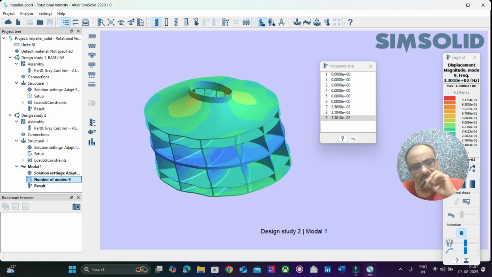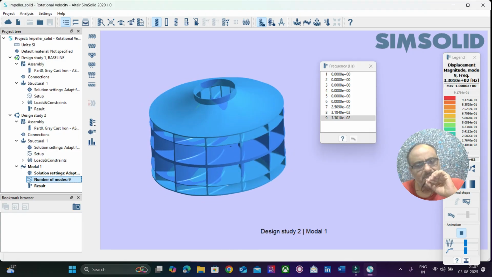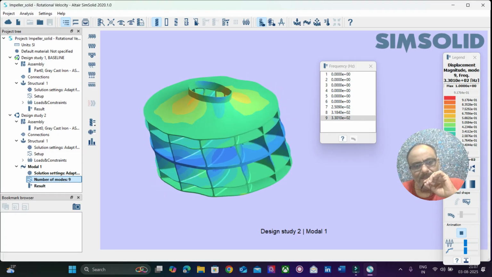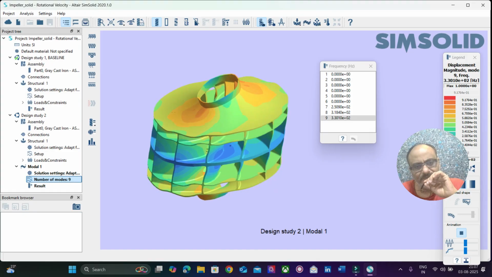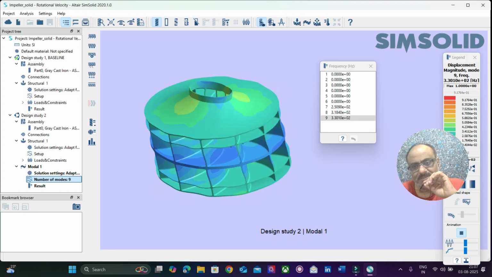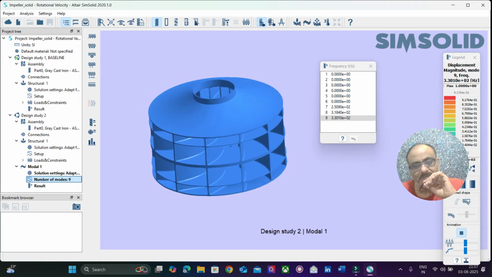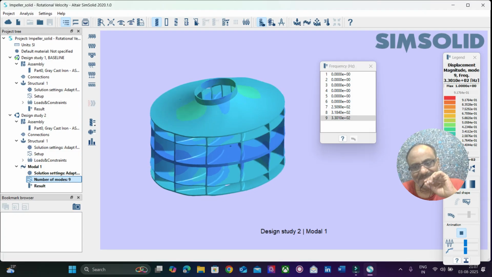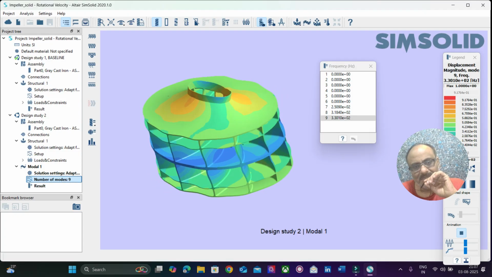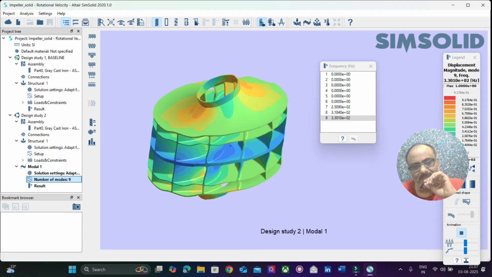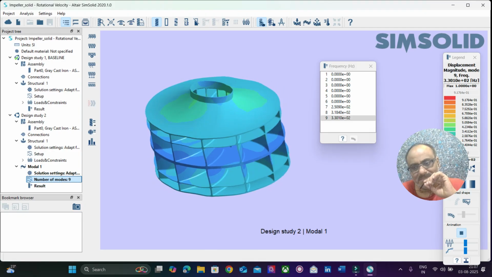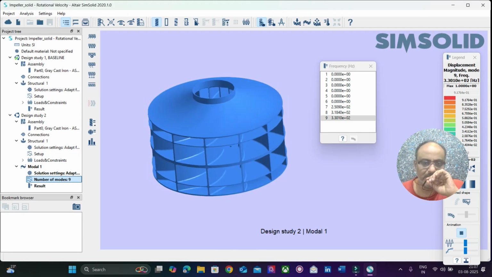So these structures can possibly fail because of vibro-acoustics, maybe the vibrations because of structures. We call it structural vibrations.